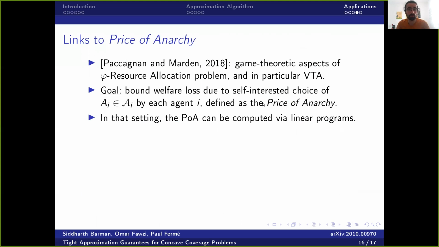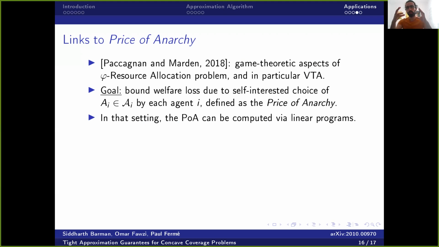Okay, and so the main motivation of this is the game theory aspects of different agents and different resources. So the goal here is to bound the welfare loss due to the self-interested choice of each agent. So mainly, each agent wants to maximize its own bid, and this stops when you get some Nash equilibrium.